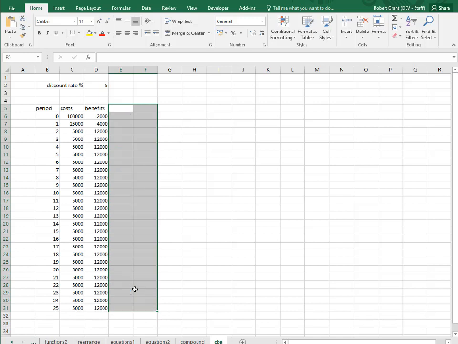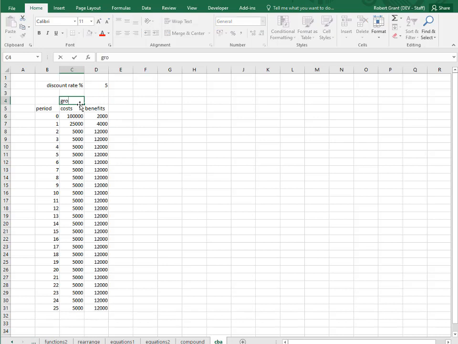So you actually write it more like this, which is the gross cash. You have a column showing the discounted costs. So this is the value today.